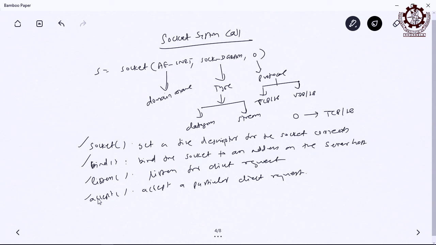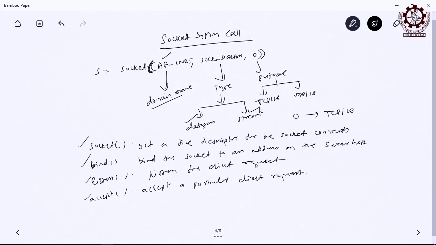Right? In the socket system call, you might have seen 3 arguments or 3 parameters used within the brackets. Within this parenthesis, we are using 3 arguments, and each argument has its own functionality or name. Like the first one gives you the domain name, the second one gives the type of communication, whether it is datagram or stream. Stream means connection oriented, the connection must be established and then the communication can take place, data can be sent.